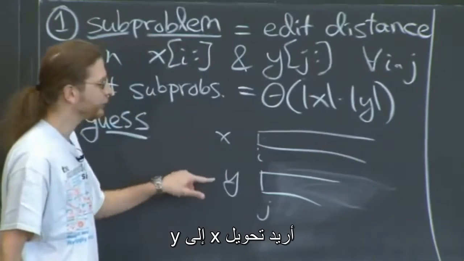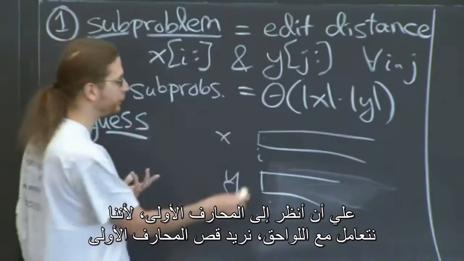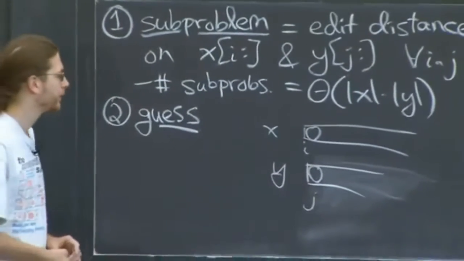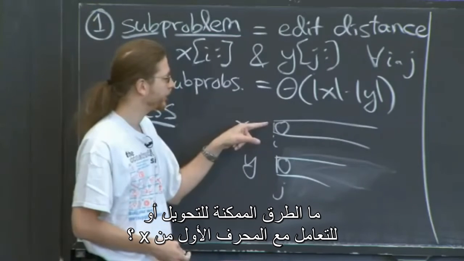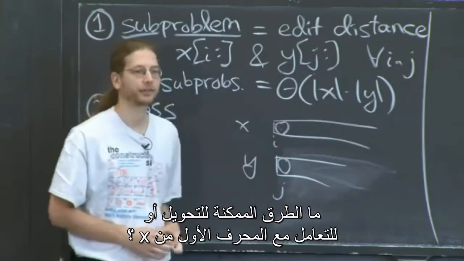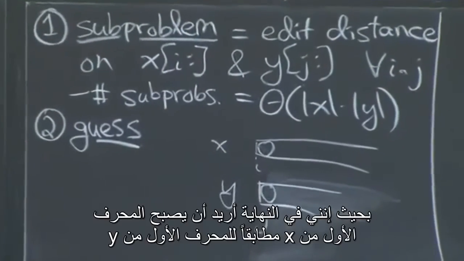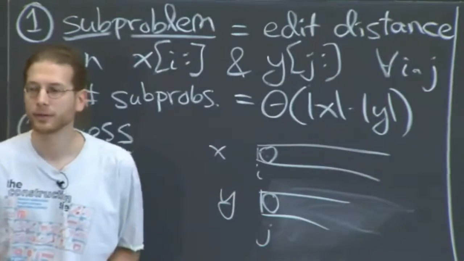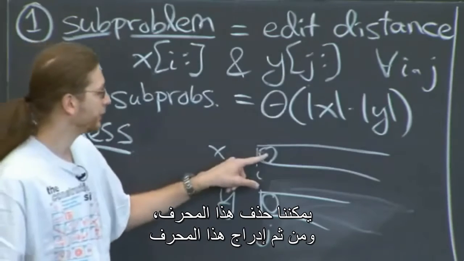If I want to convert x into y, what should I look at here? Well, I should look at the very first characters, because we're looking at suffixes. We want to cut off first characters somehow. What are the possible ways to deal with the first character of x? What are the possible things I could do? Given that ultimately I want the first character of x to become the first character of y. You could delete this character and then insert this one.